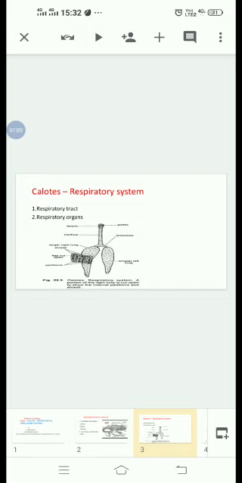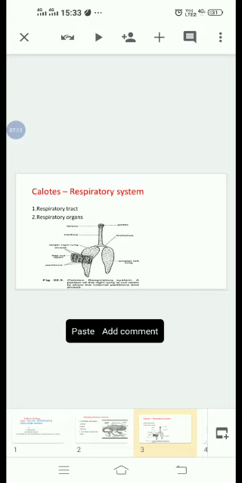A longitudinal slit-like glottis is present at the basal bifurcation of the tongue. The glottis leads into the larynx.